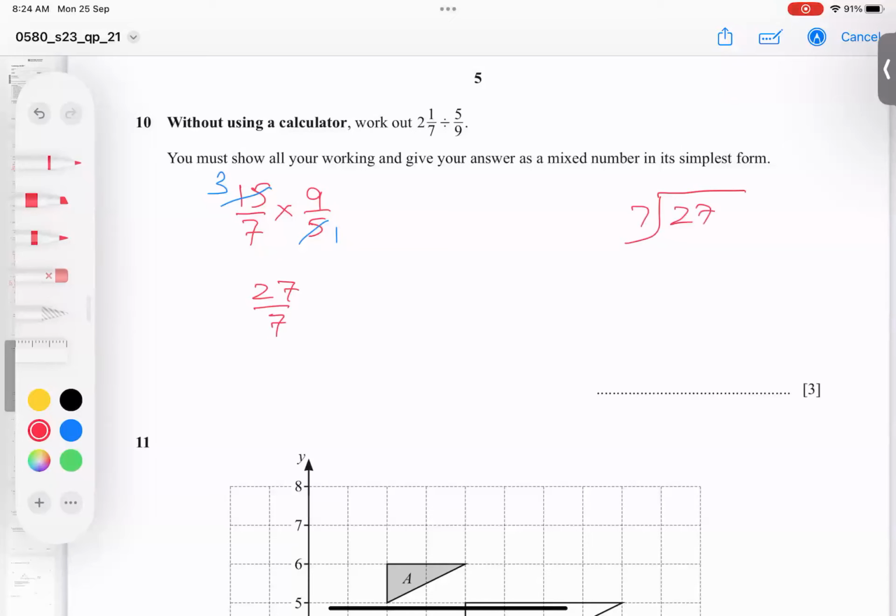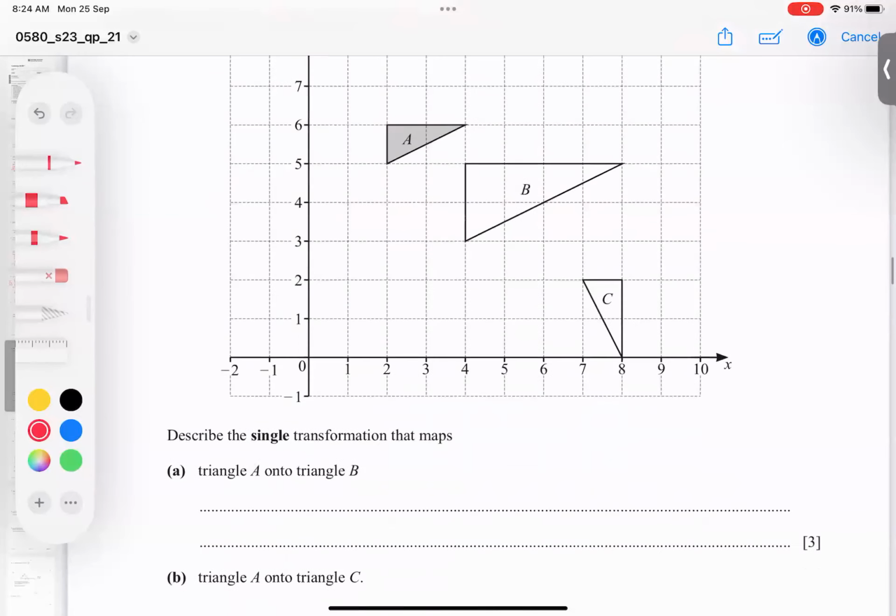So 7 3s are 21, so 6 left. How to convert into mixed format? The top 3 will come before, in the upper part this 6 will come, and 7 is coming down. I hope the point is very, very clear. And let's go for the next question.